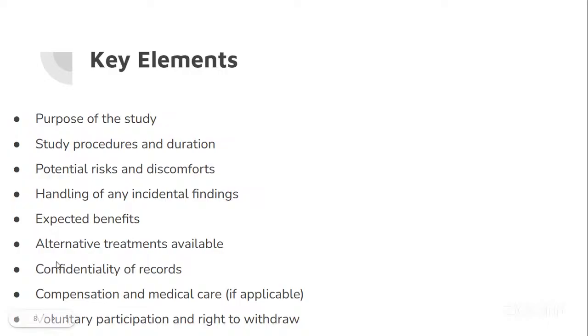Expected benefits, alternative treatments which are available, confidentiality of records, compensation and medical care if applicable, and voluntary participation and right to withdraw. This is very important, and the participants must know and should be told that it's voluntary participation and the participant always has the right to withdraw.